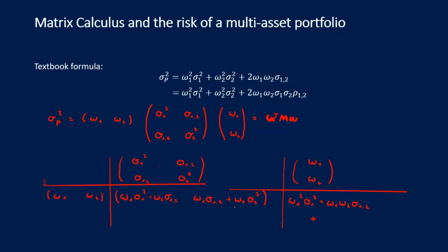So omega 2, W1, there is an error. This is W2, W1, omega 2, sigma 1 2, plus W2 squared sigma 2 squared.